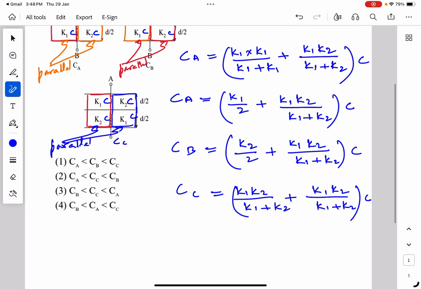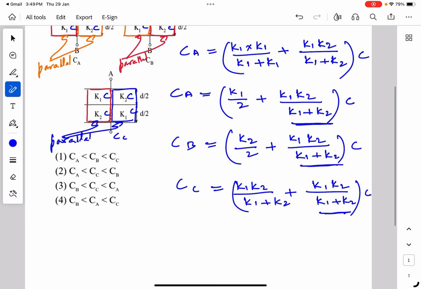Now we can see the second term in all three is equal. There is a difference only in the first term.